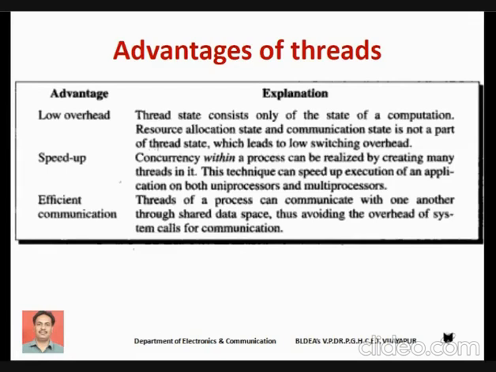In case of processes, communication can be implemented by using message passing, which requires two system calls. What are those? Send and receive. But in case of threads, they need not use system calls. Directly by means of shared data space, they can communicate with each other.